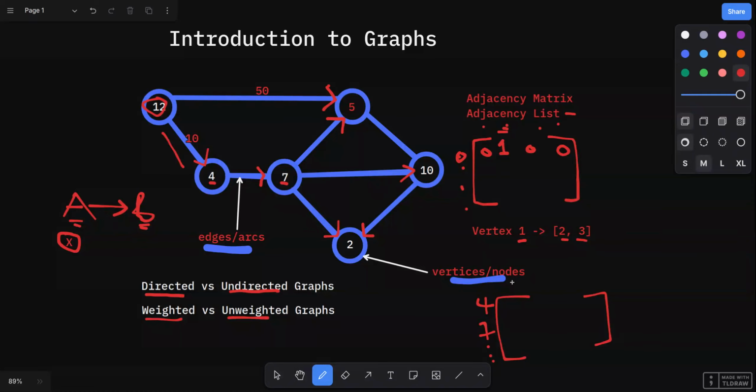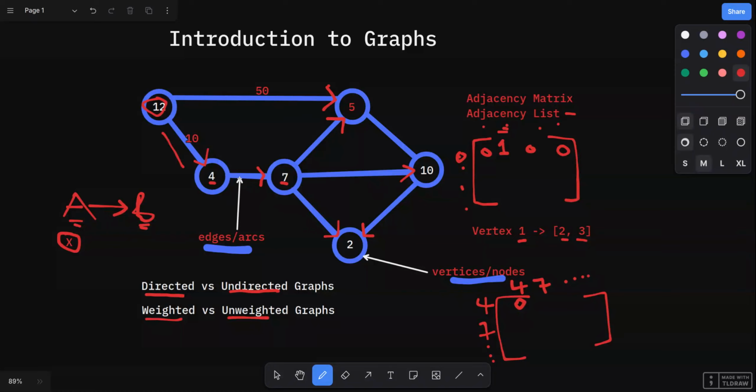Then up here we also do the same. We have 4, we have 7, and all the other vertices will also be represented there. What you look at when you're building an adjacency matrix is, in terms of direction, whether there's a connection, right? So if you're talking about 4 and 4, clearly those don't need to be connected, so you give them a 0.